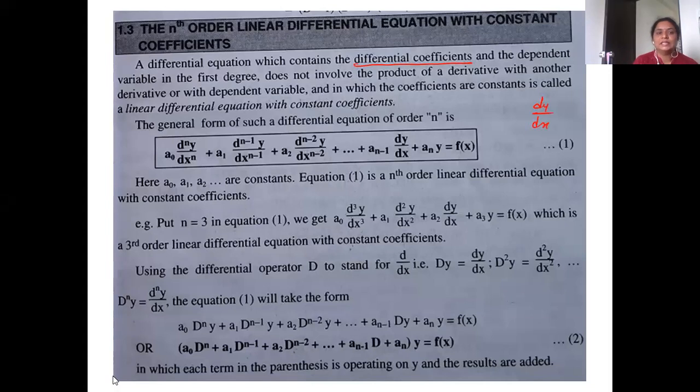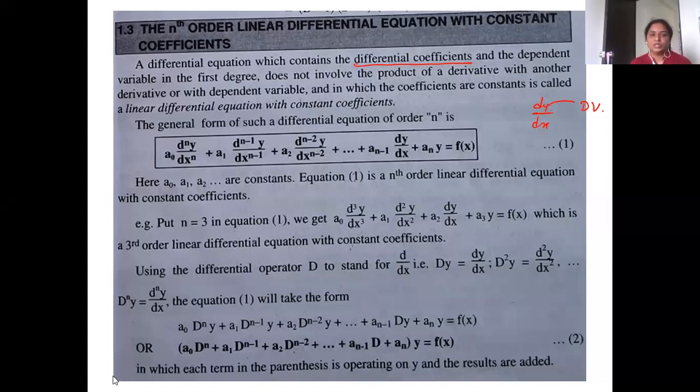So a differential equation which contains the derivative and the dependent variable in first degree. If it is dy by dx, then y is the dependent variable, and it should be in first degree. It should be y only, not y square, y cube or something. So in your equation there will be y only. Right, so write the definition.